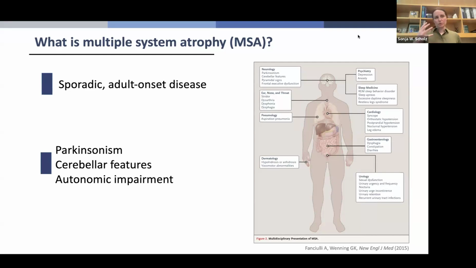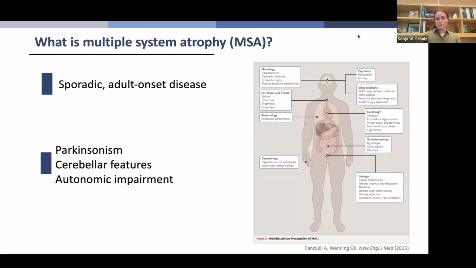There are a lot of problems with motor control. There can be symptoms that look a little bit like Parkinson's disease, where you have rigidity, slowness of movement, maybe tremor, balance issues, or troubles with motor coordination. So the first one is called Parkinsonism. The second one is the cerebellar features, which are more a motor coordination problem.